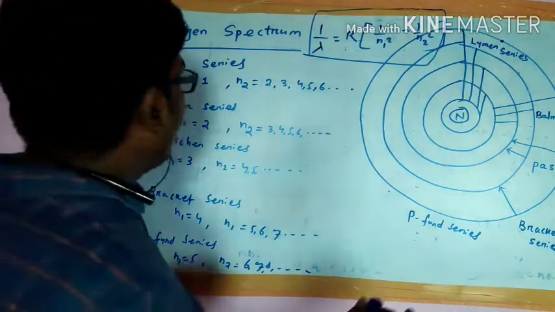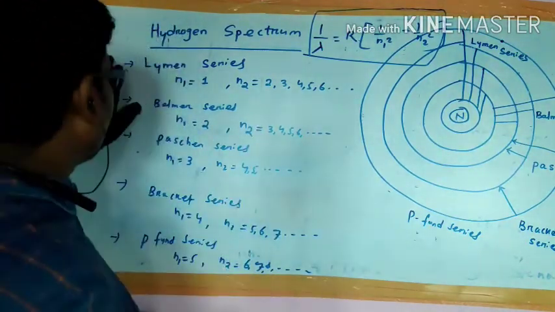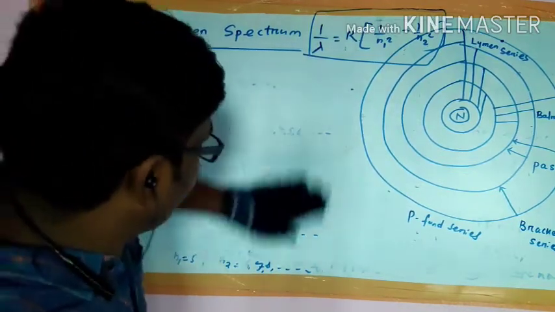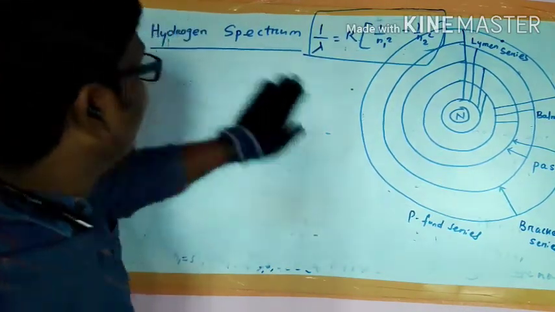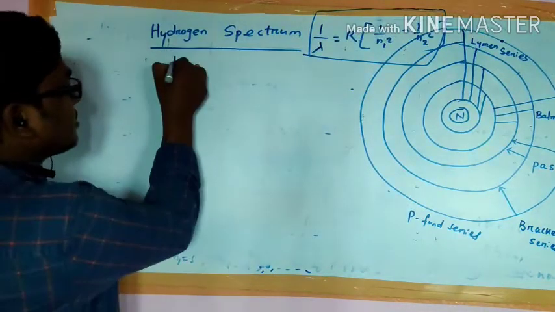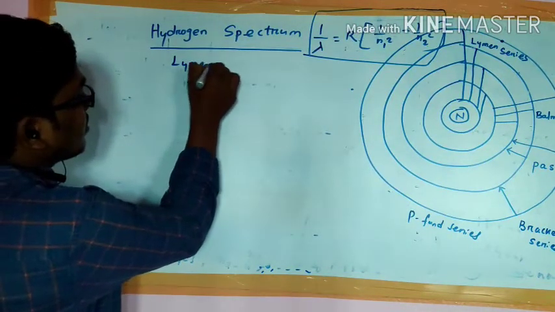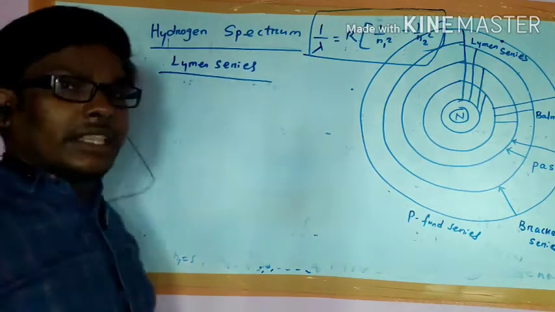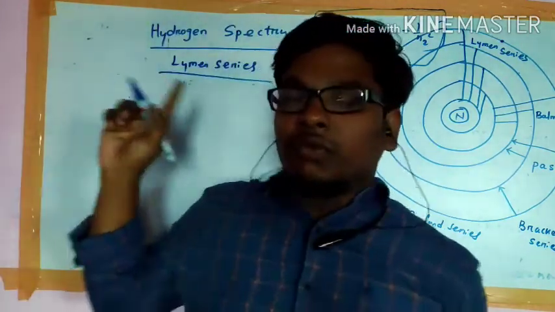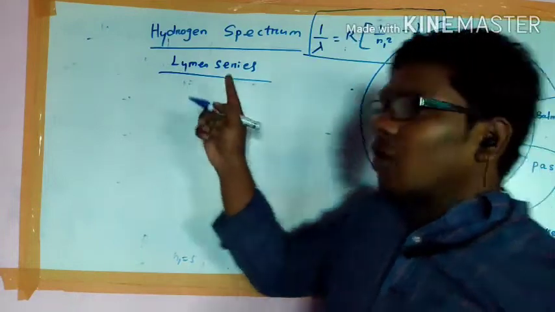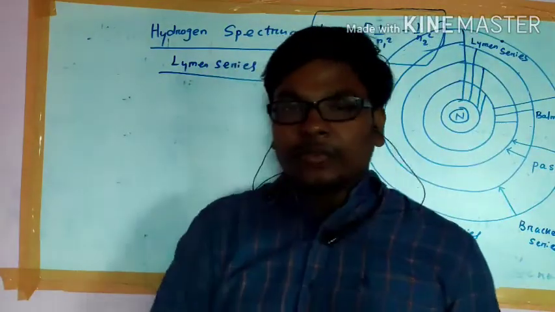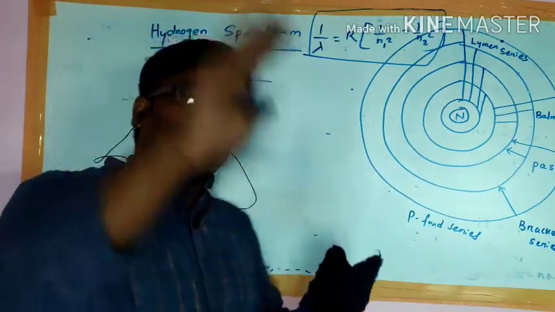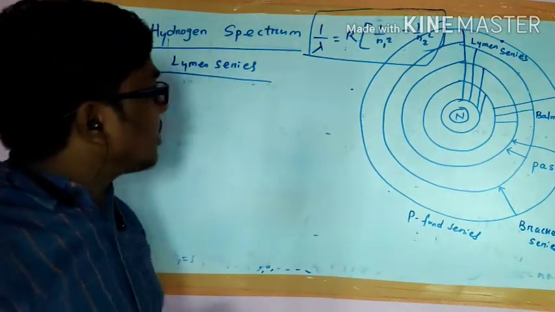So let's start with the Lyman series first. Remember, this is the spectral series for which the ground state orbit is always 1 and the excited state orbit starts from 2, 3, 4 up to infinity.